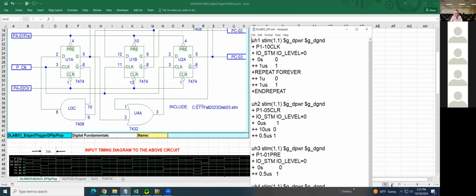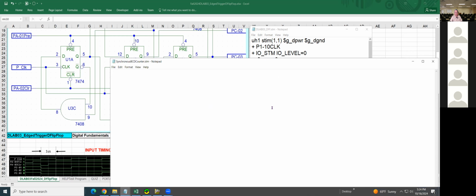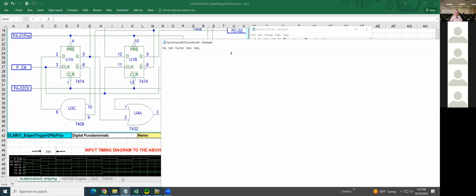First thing. After you get that include in here, you double click on this file. Okay. So they will give it to you.